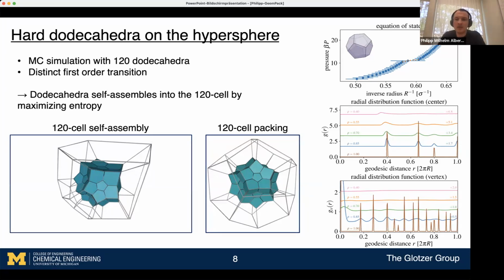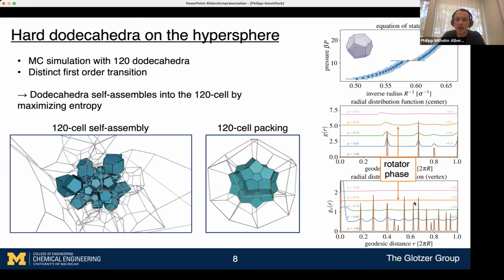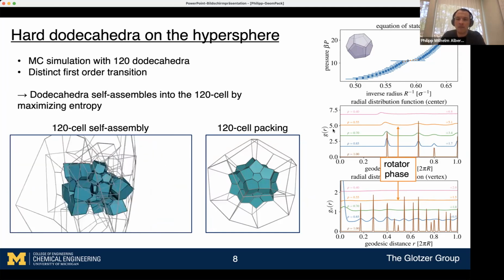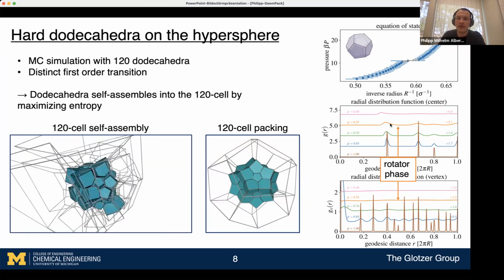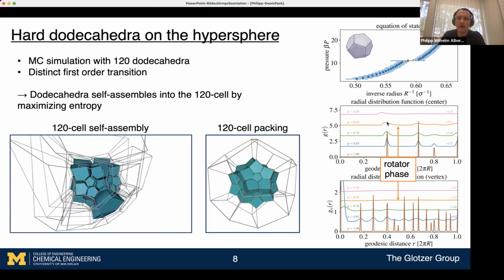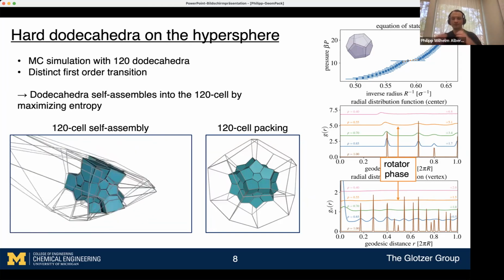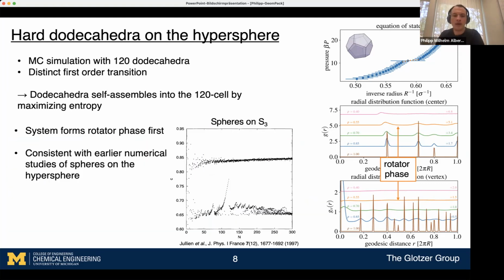What we can also see, which is pretty interesting, is that we apparently get also a rotator phase in this system, because the radial distribution function in terms of the center forms these peaks first before you can see any orientational order.